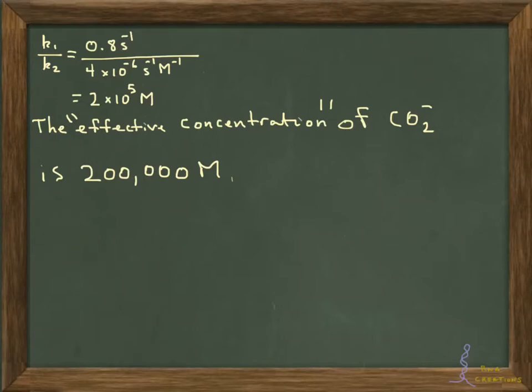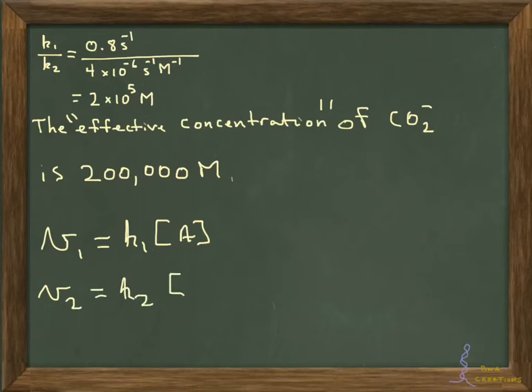I didn't write this out, but the velocity for the first reaction is equal to K1 times the concentration of A, and the velocity for the second reaction is equal to K2 times the concentration of what is essentially A times CO2 minus, because you're bringing that in separately.